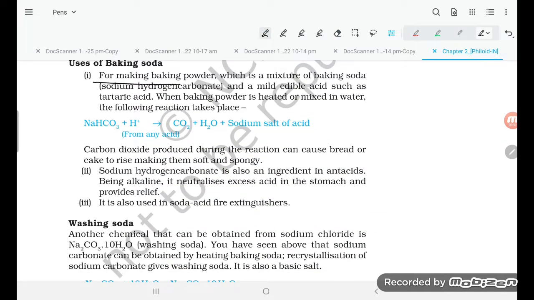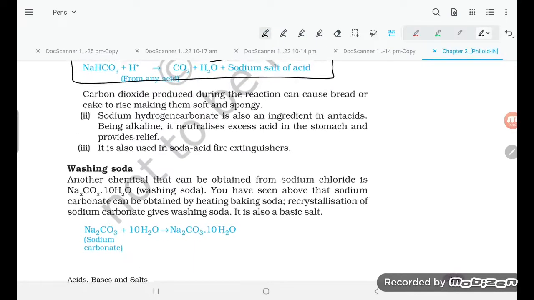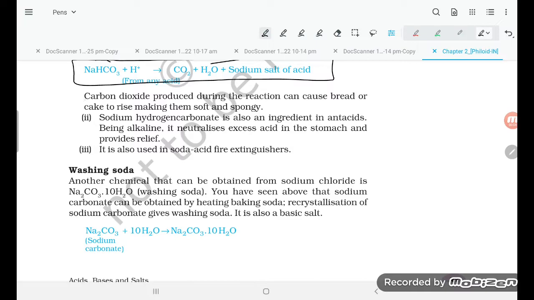For making baking powder, which is a mixture of baking soda, sodium hydrogen carbonate, and a mild edible acid such as tartaric acid. When baking powder is heated or mixed in water, the following reaction takes place: carbon dioxide and water plus the sodium salt of the acid.